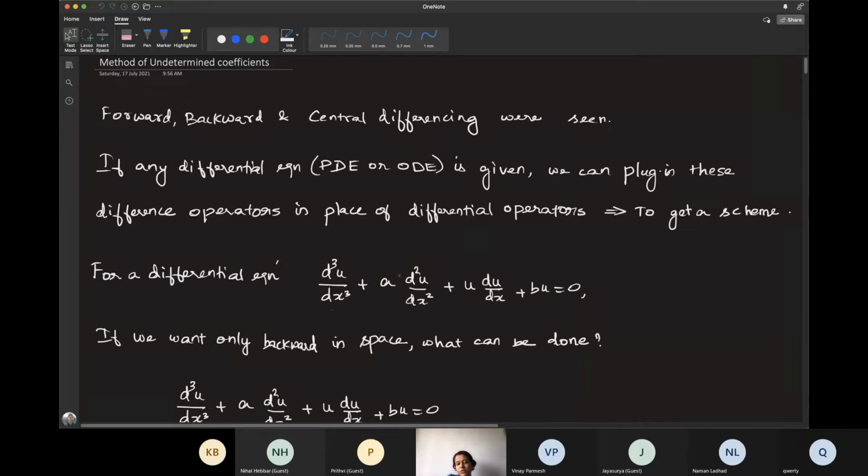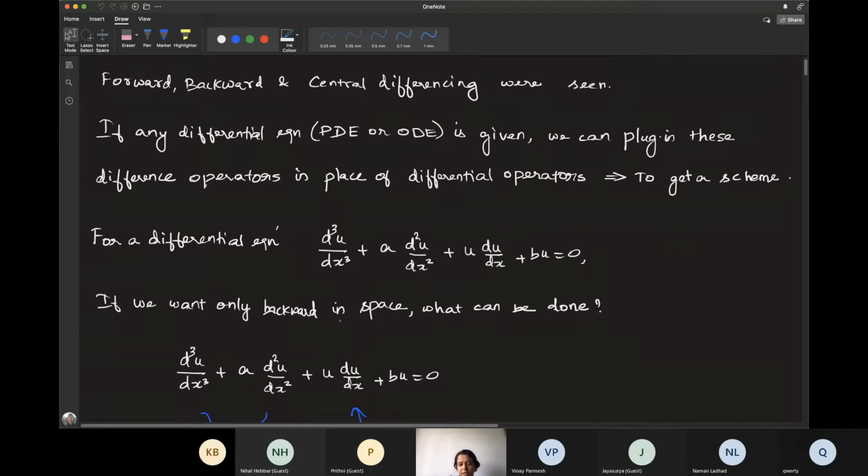If for the whole scheme you require order h squared accuracy, then each term should have order h squared accuracy. That is, if you replace this differential operator by a difference operator, that difference operator should be of order h squared accuracy with respect to the differential operator.